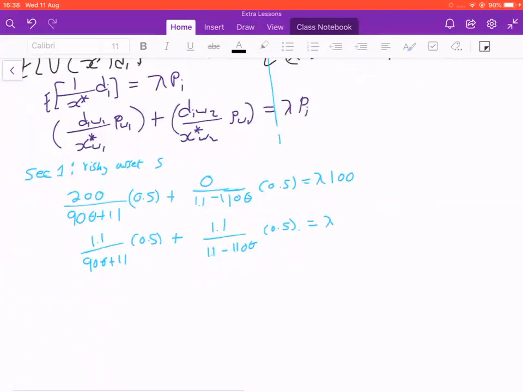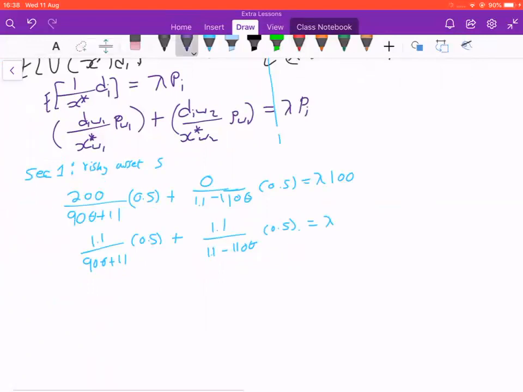So how do you solve these two things? My advice is that you multiply this one by 100. Then you have 1, then you have 2, and then you say 1 minus 2.